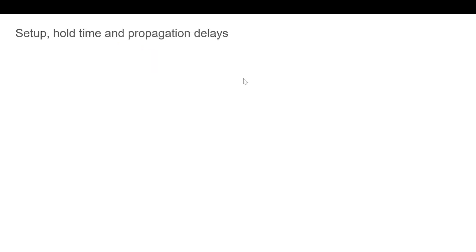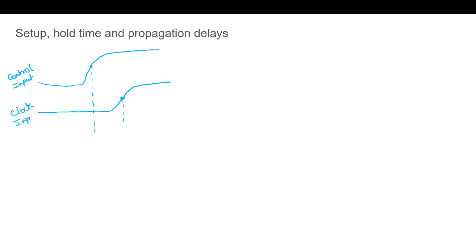And next are the setup time, hold time, and propagation delay. If we consider that this is the input of the circuit, say this is the control input, from this 50%, if this is the clock input, then this duration is Ts, and this is the synchronized input.